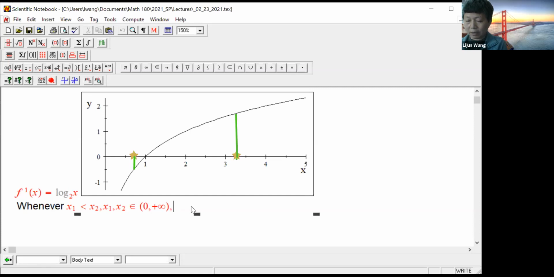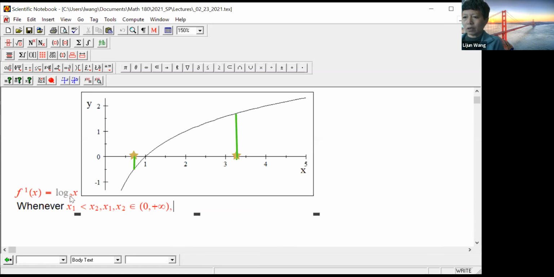You have to specify these. If you don't, in calculus class, you may lose a point. Okay, but as long as you touch these few places, then you're good.